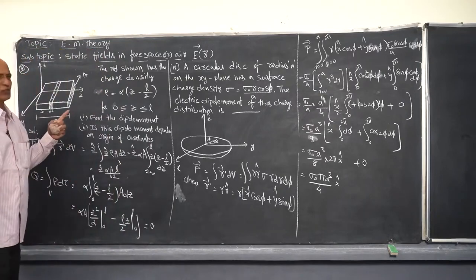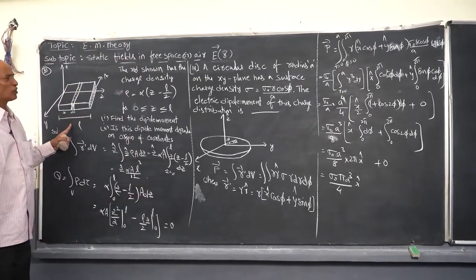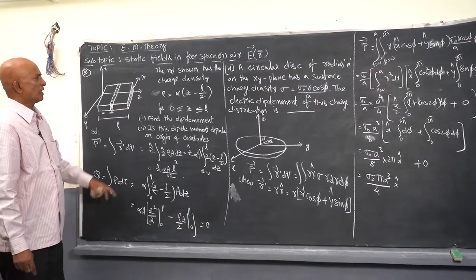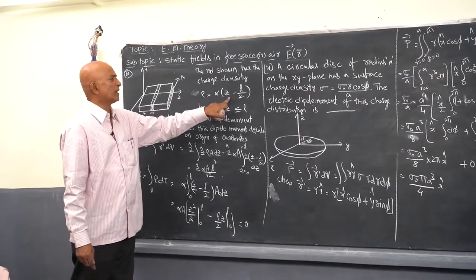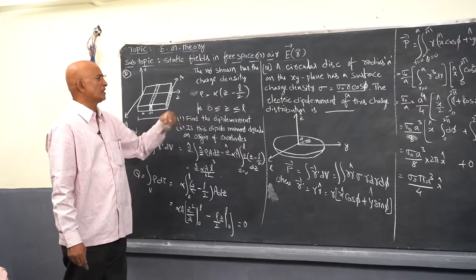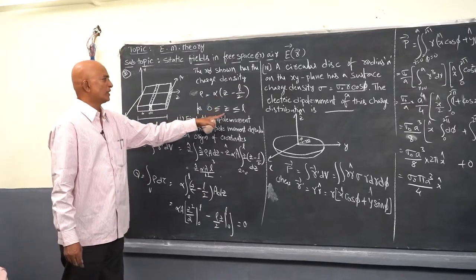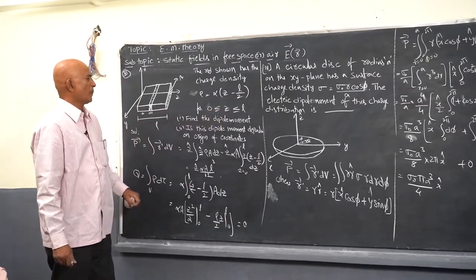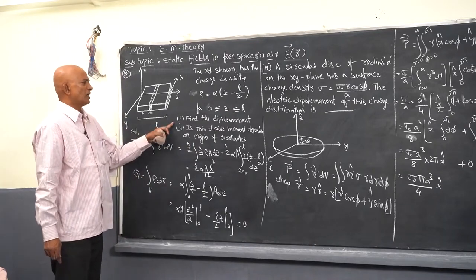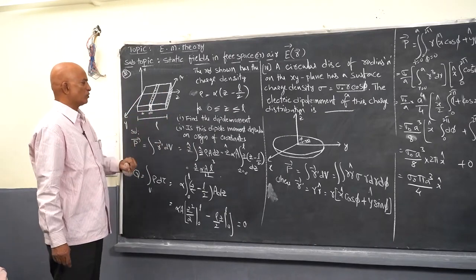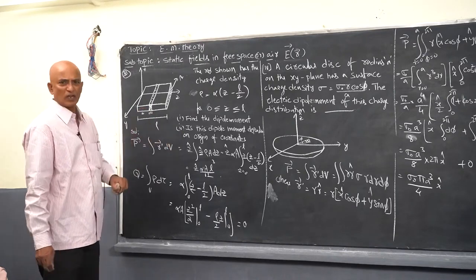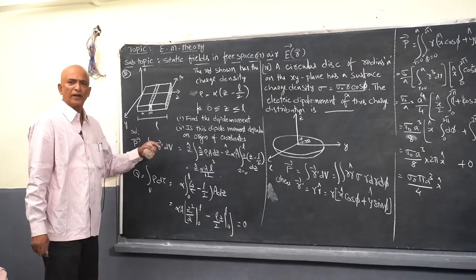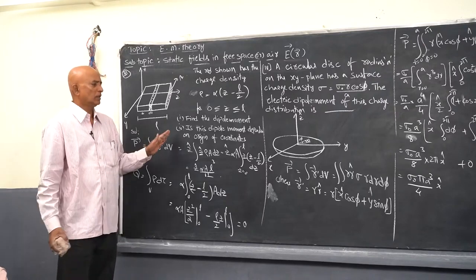Here I have shown a volume charge distribution which is a rod, having volume charge density rho equal to alpha into z minus L by 2, where alpha is a constant, L is the length of the rod, and z is between 0 and L. Find the dipole moment of this charge distribution, and second, does this dipole moment depend on the origin of coordinates?